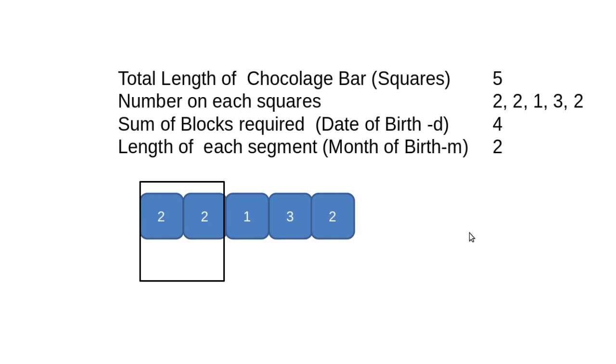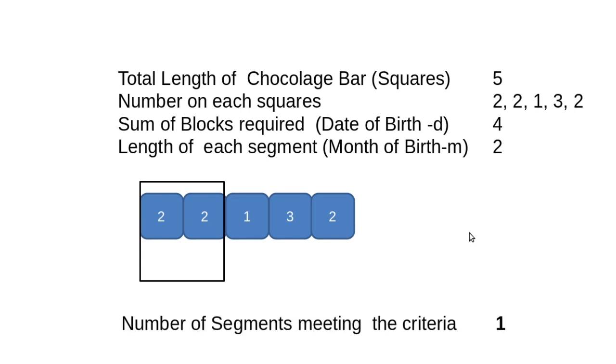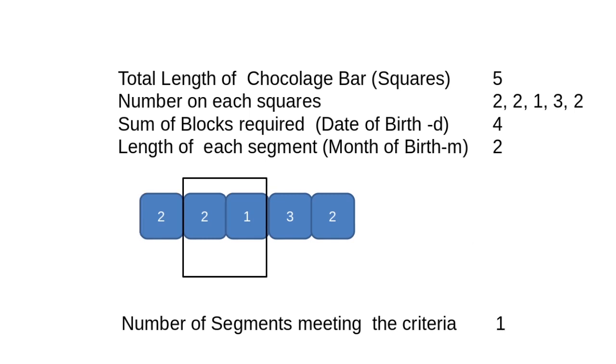If it is matching, then we increment the result variable by 1. Then we look into the next segment. In this segment, we add up 2 and 1, which is 3. It is not matching the requirement that d is 4. So we'll not update it.